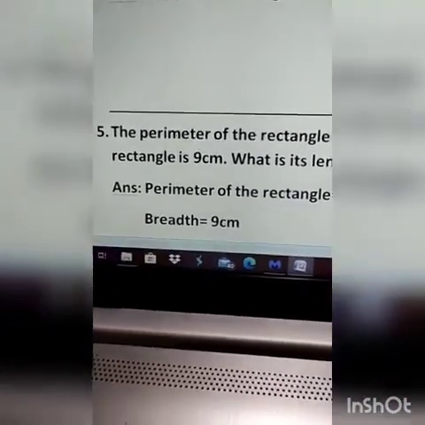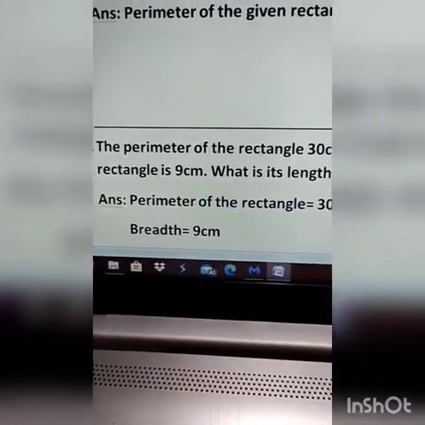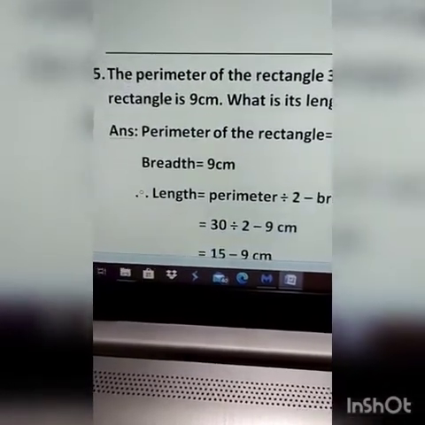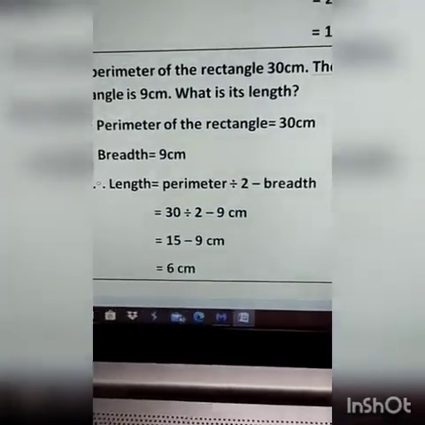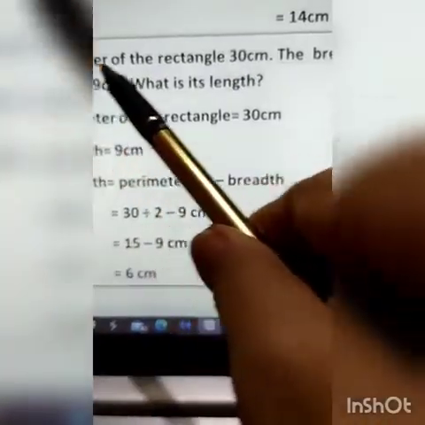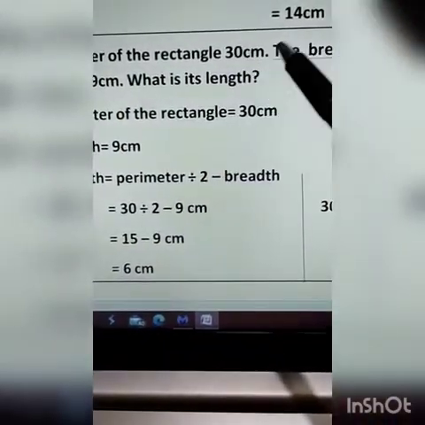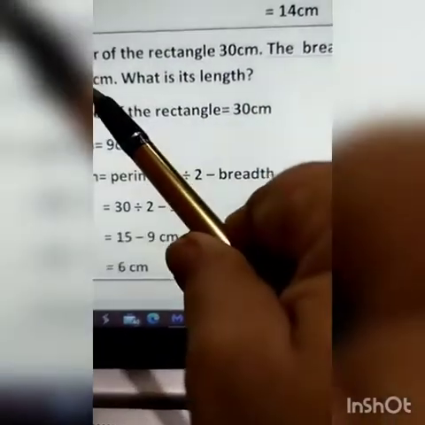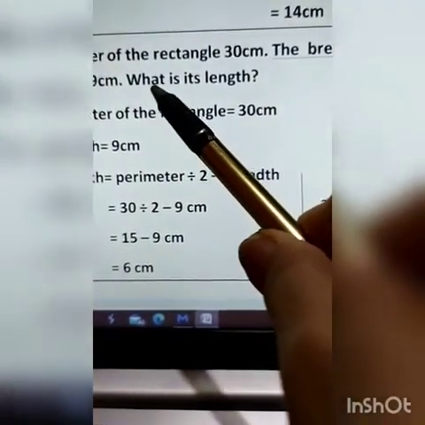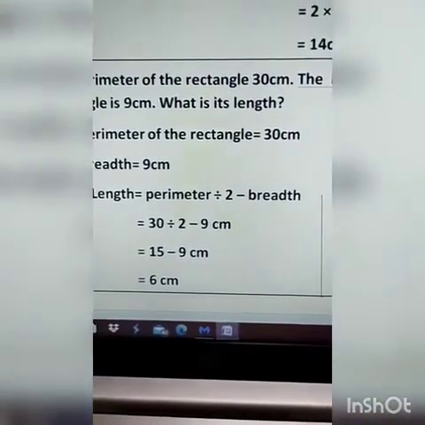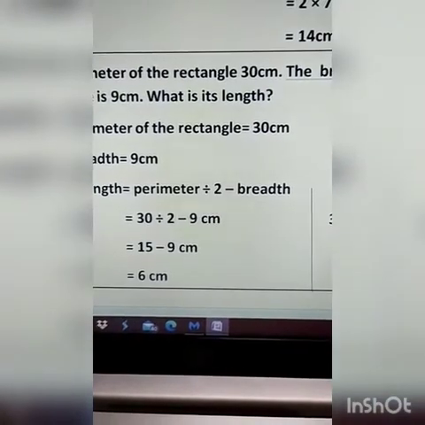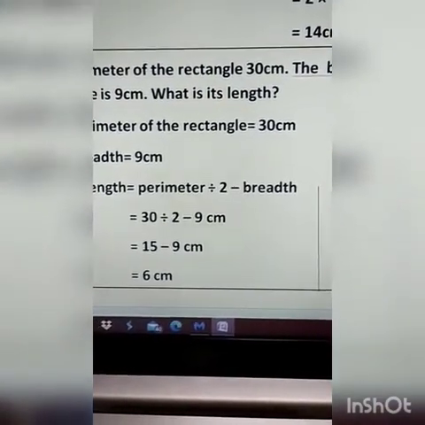Next question. Look at the question number 5 in your book. Perimeter of a rectangle is 30 centimeter. The breadth of the rectangle is 9 centimeter. What is its length? We need to find out its length.